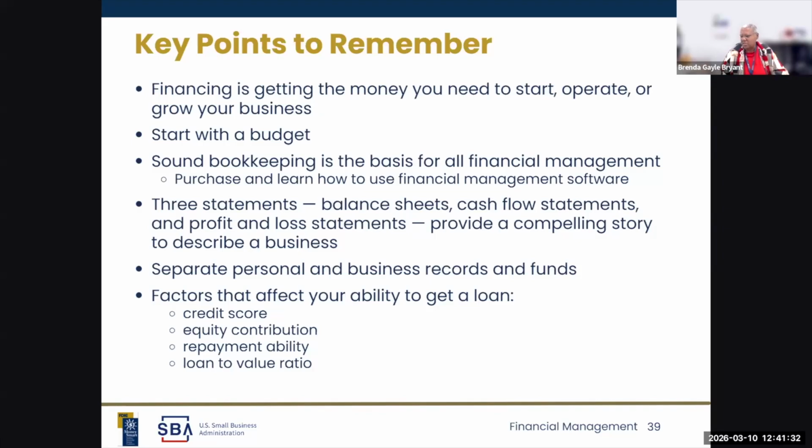Why is this different? Okay. And the factors that affect your ability to get a loan: your credit score, your equity contribution, your repayment ability, your loan to value ratio. If I am a lender, I'm going to ask you as many questions as I can ask you to make me feel comfortable that you're going to pay me back.